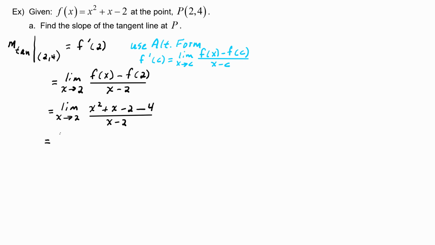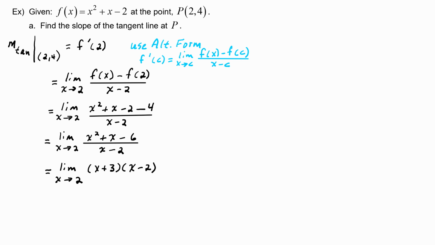Then this is equal to the limit as x approaches 2 of x squared plus x minus 6 over x minus 2. If we factor this numerator, we see it will be x plus 3 times x minus 2, over x minus 2.